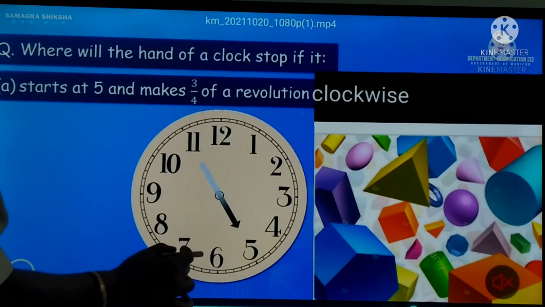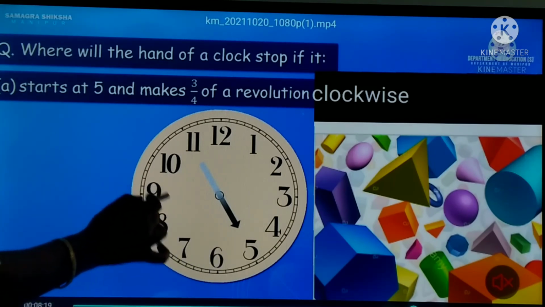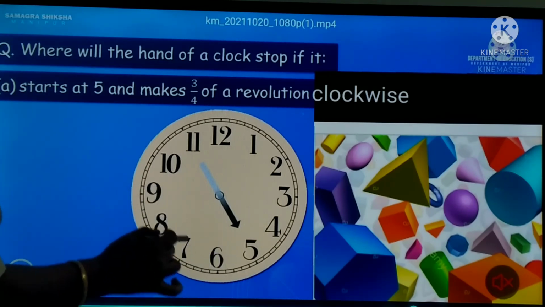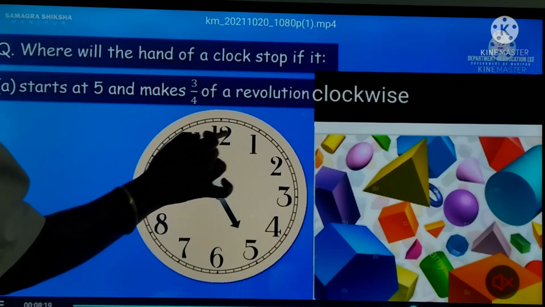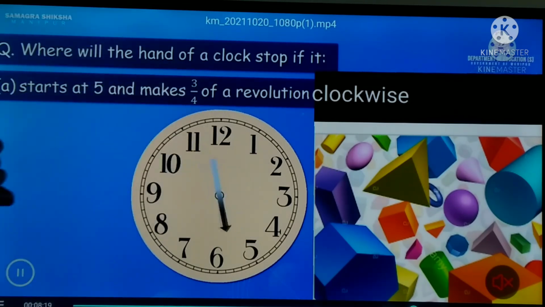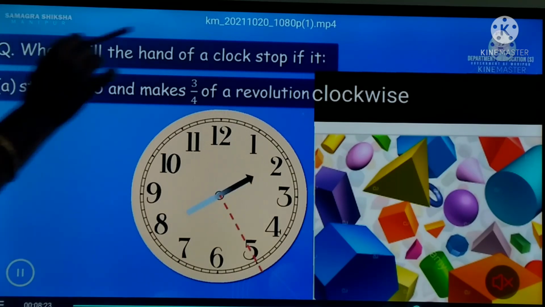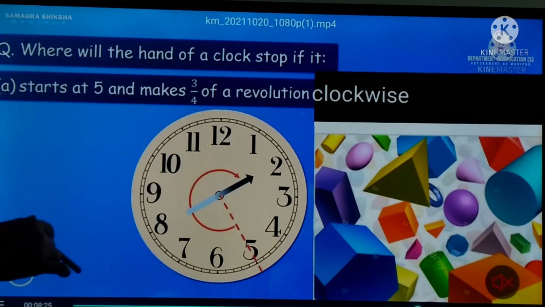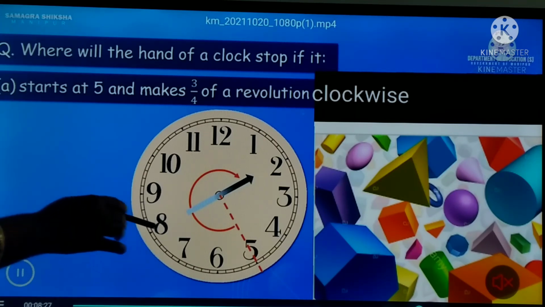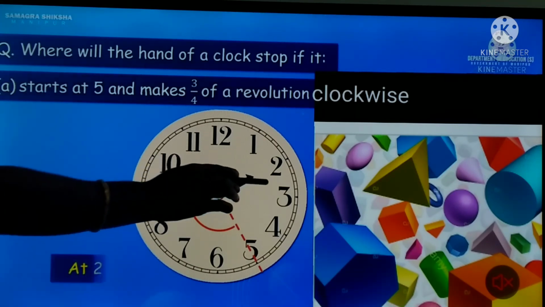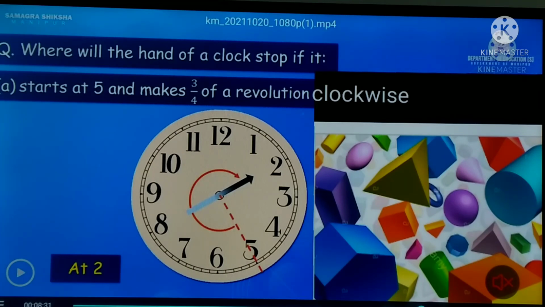That is 1, 2, 3, 4, 5, 6, 7, 8, 9. So where does it stop? It stops at 2. Right, that is 3 by 4 of a revolution. So it stops at 2, that is the answer.